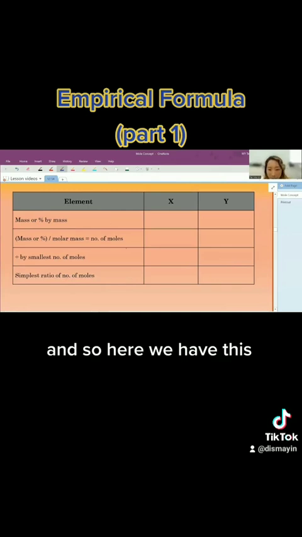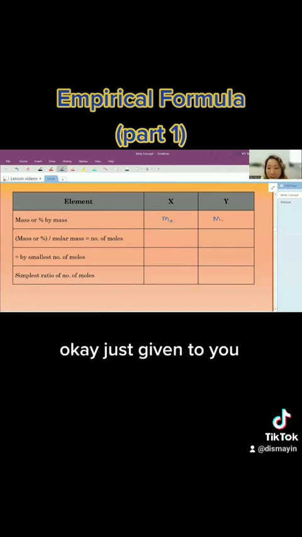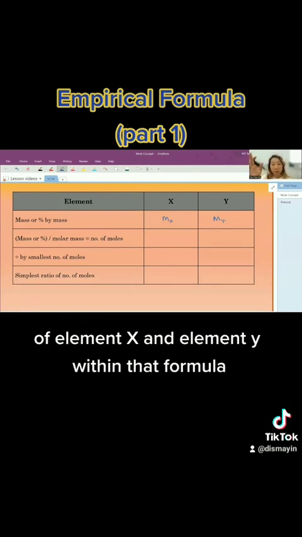And so here we have this, the mass of X and the mass of Y. Okay? Just given to you. Now, from there, of course, most importantly, you need to now calculate the number of moles of element X and element Y within that formula.